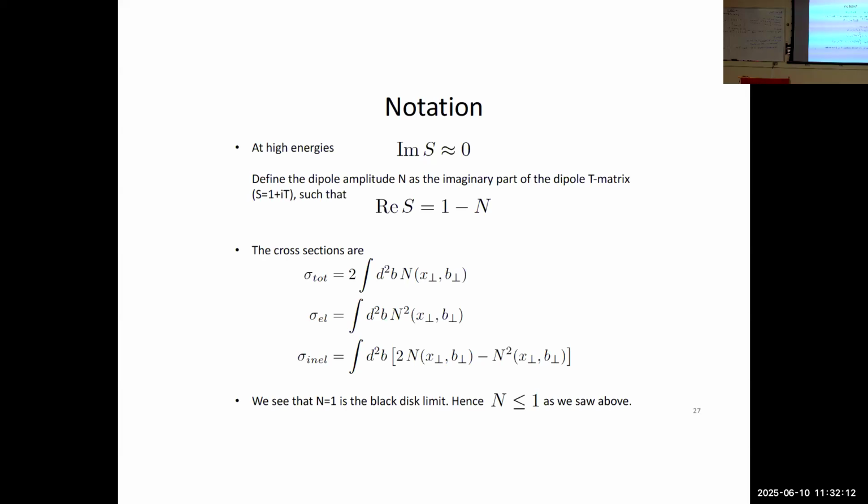Well, obviously nowhere in this picture so far. But then you ask yourself a question. So we have a dipole, right? The photon fluctuates into a QQ bar pair, which then goes and interacts with all those multiple rescatterings.